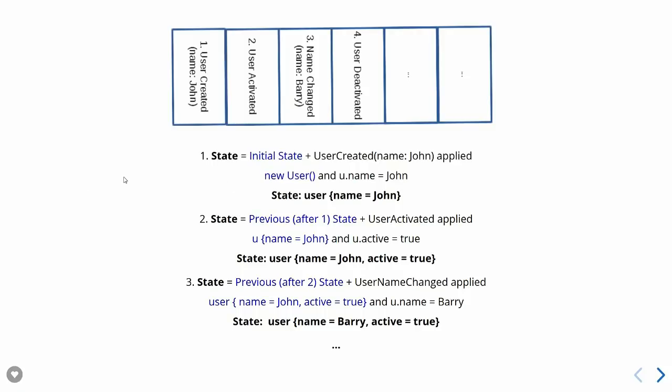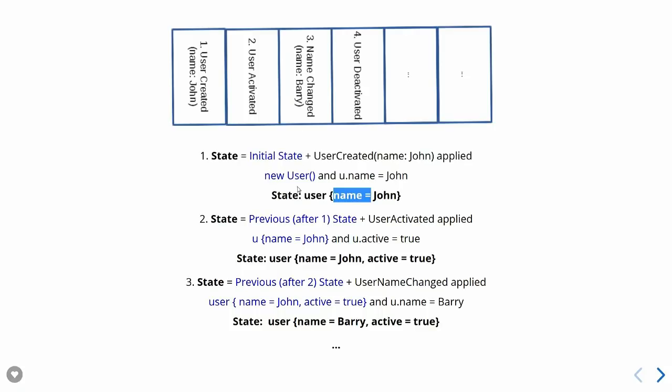With this empty constructor, we apply against this object the first event from our log. In this case, it's user created. User created carries one piece of information, that the name is John.